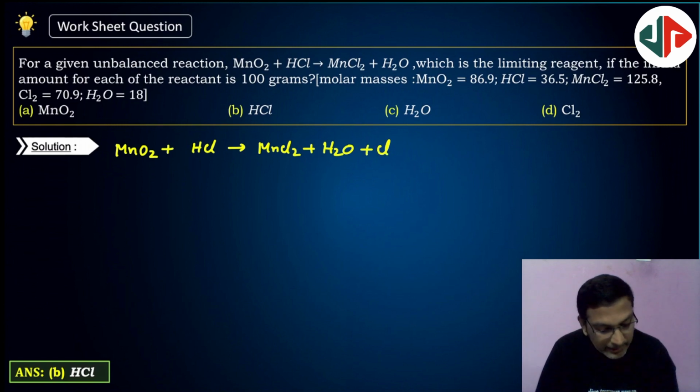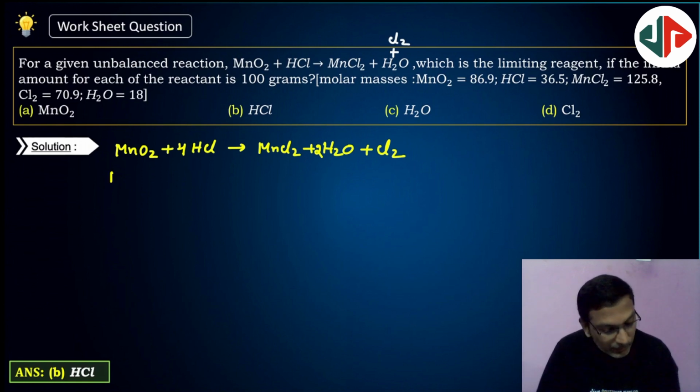Here Cl2 should be there, so Cl2 is missed, and I am writing it here: H2O plus Cl2 must be there. Next, by balancing, we'll get the stoichiometric coefficients: MnO2 plus 4HCl gives MnCl2 plus 2H2O plus Cl2. So this is the manufacture of Cl2.